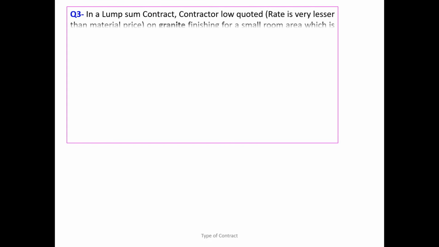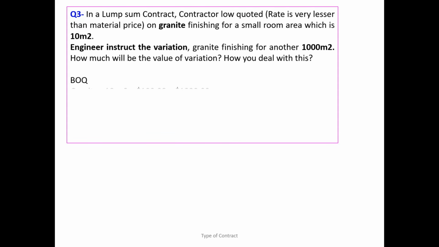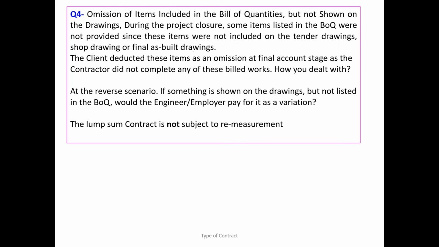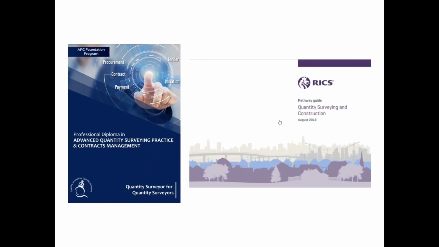So let us understand that the advanced QS practice, which is part of today's program, was actually developed for RICS. And what we have discussed today is all about the types of contract. Stay with me for another 15 minutes maximum. You will understand how to get the proper entry to the RICS.